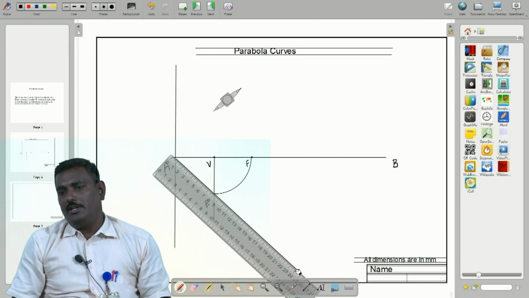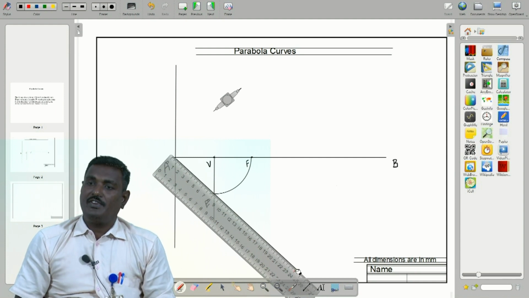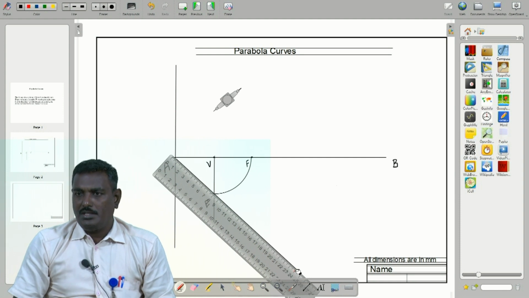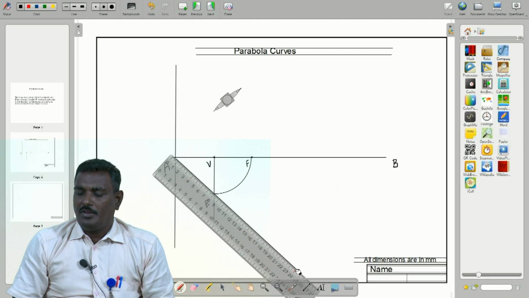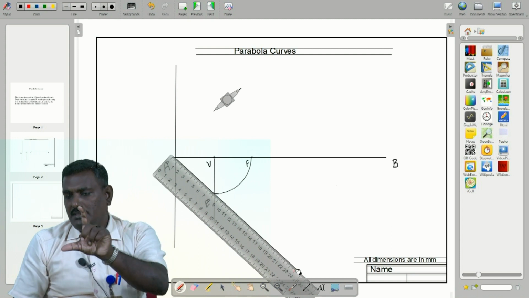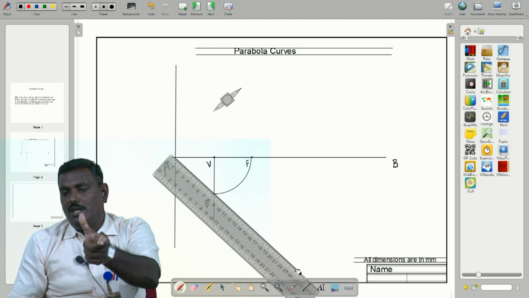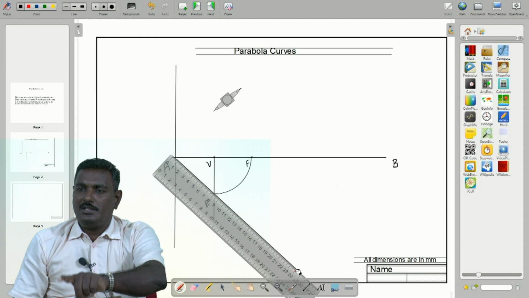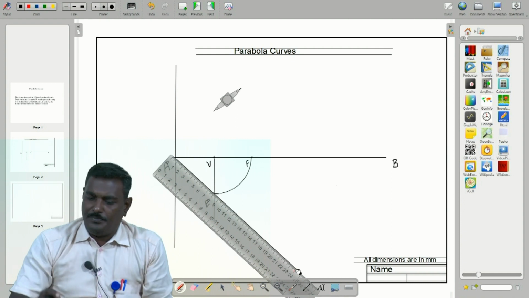But no need to find the intersection, because in the ellipse we drew a 45-degree line on the right side, and that 45-degree line intersects the extended line AE. From that you find the distance between the axis and that intersect point, then check whether it is equal. That is only for the ellipse, but not in the parabola. So only draw the extended line AE.